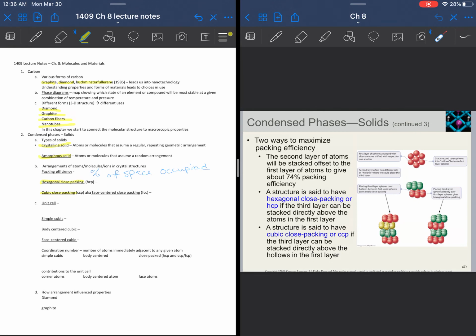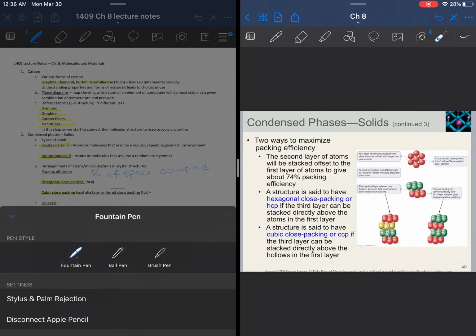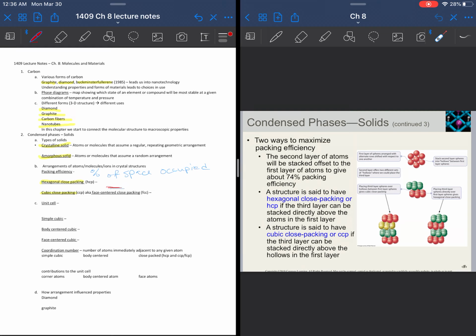Now, how we start to stack those layers gives us these different close packing arrangements. Hexagonal close packing, you're going to have one layer, and then a second layer on top, and it's going to be offset from the first.